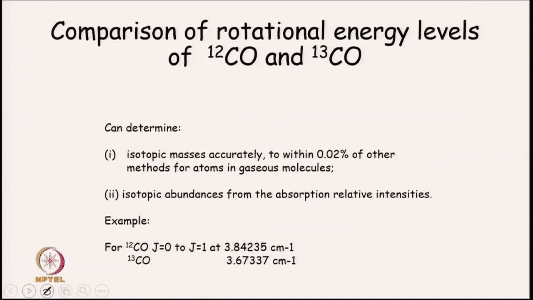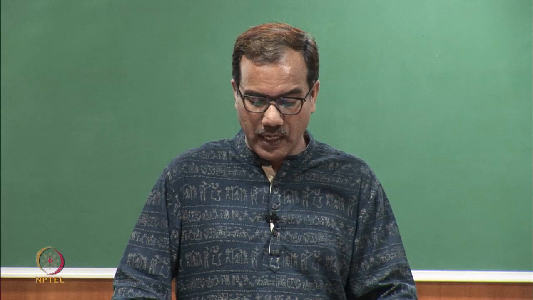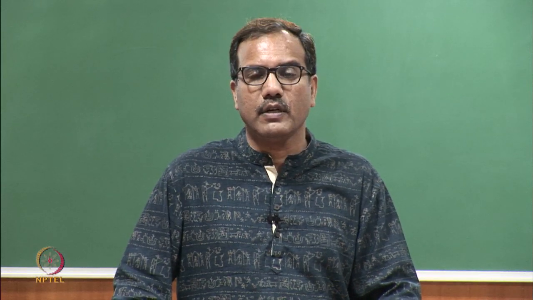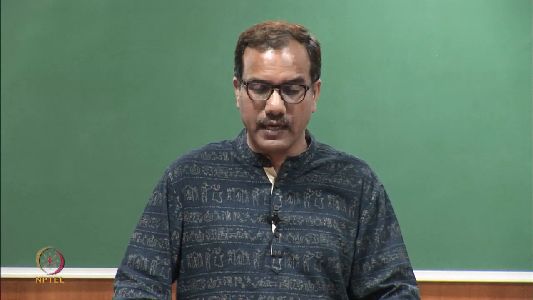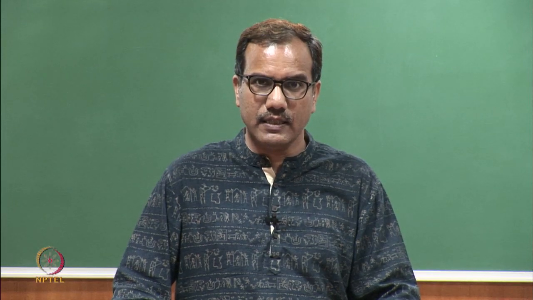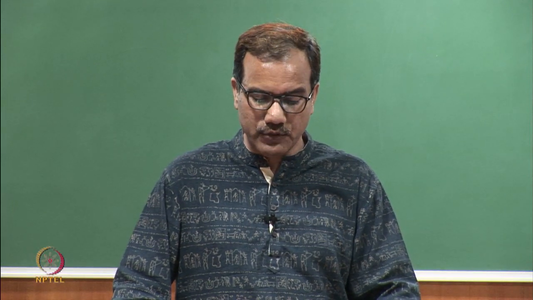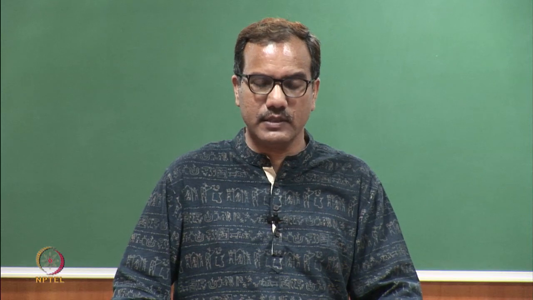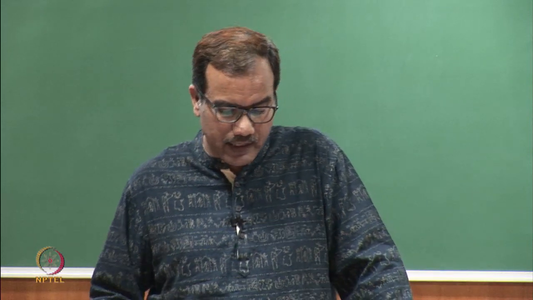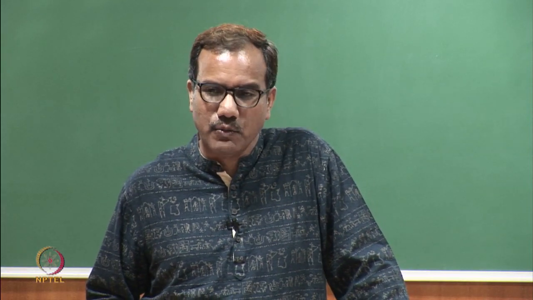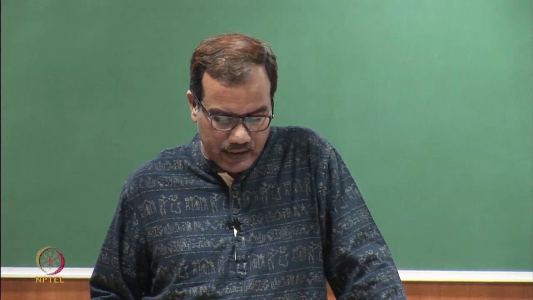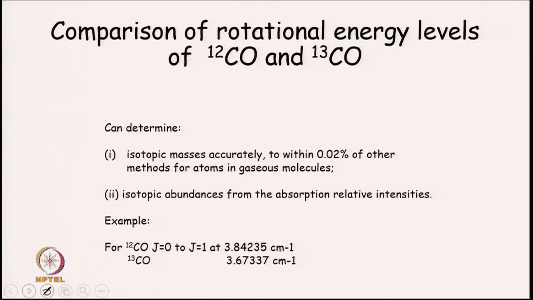So, apart from giving the value of r and r dash or r and theta, the isotopic substitution can also help us in two different things. One is to calculate isotopic mass accurately within 0.02% of other methods, and the second is isotopic abundance from the absorption relative intensity.